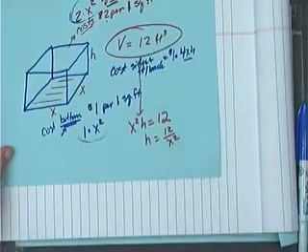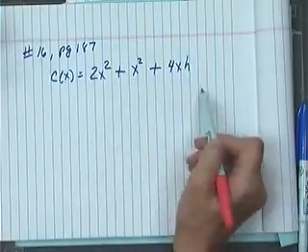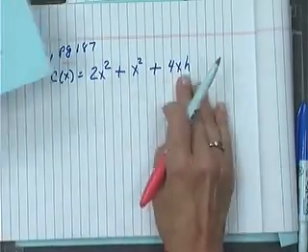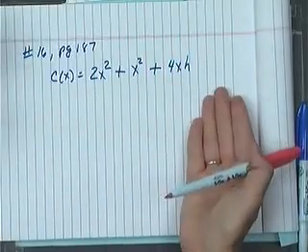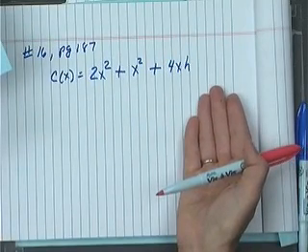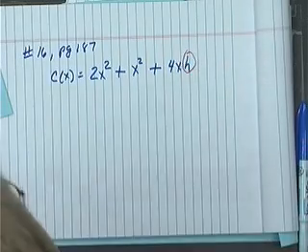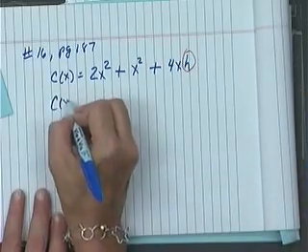Now tell me again why I got to go put this h into this formula. Well, I got to get one variable for sure, but until I restrict the volume size, this box represents any square base box where the materials cost $2 for the top and $1 for everything else. So I need to replace the h. I could have replaced the x, but it would have been a little harder. All right, so we have the cost function.